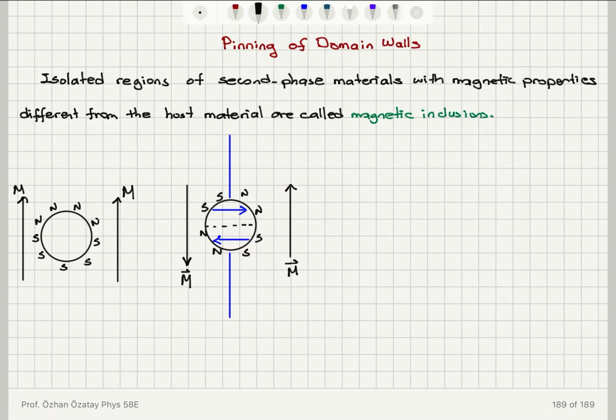So what can be a magnetic inclusion? These could be some crystal imperfections, or it could be some impurity materials.